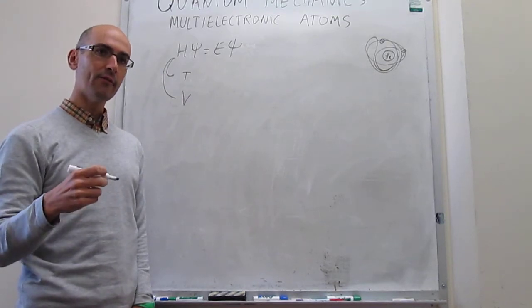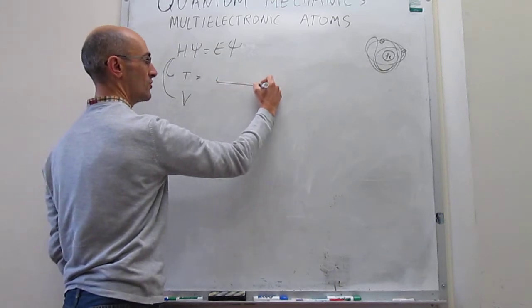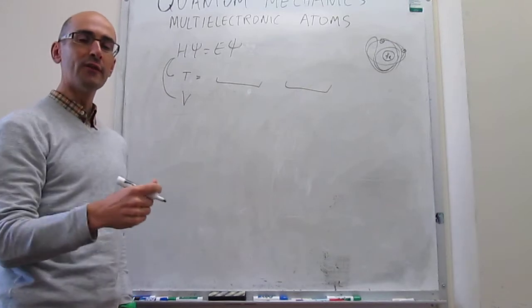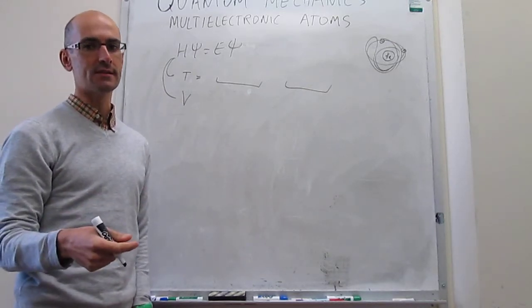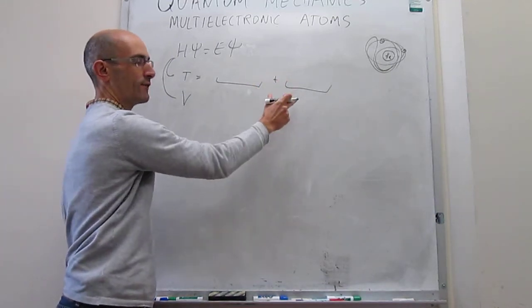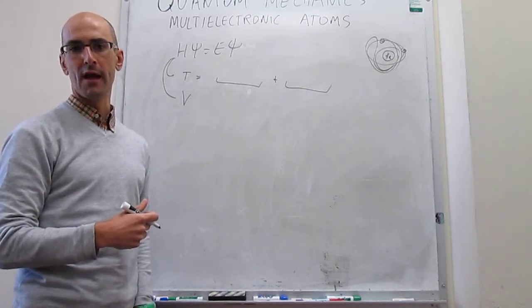So the expression is going to be equal to 2 terms that depend on the second derivatives with respect to the motion of each one of the electrons with respect to each one of the axes. This gets a little bit complicated, but it's just a straightforward enhancement to what we know for the hydrogen atom.